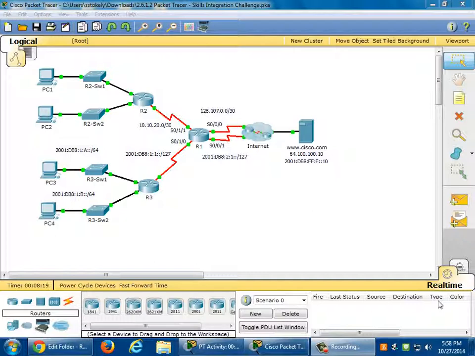What interface am I going out? I'm going to go out serial 0/0/1. Okay? Everyone with me?